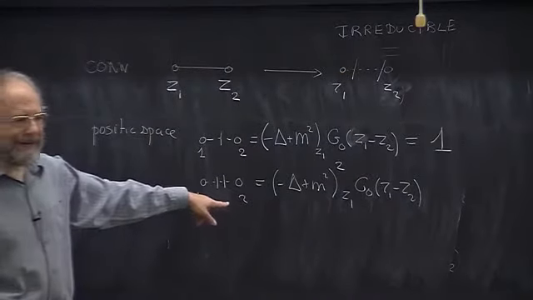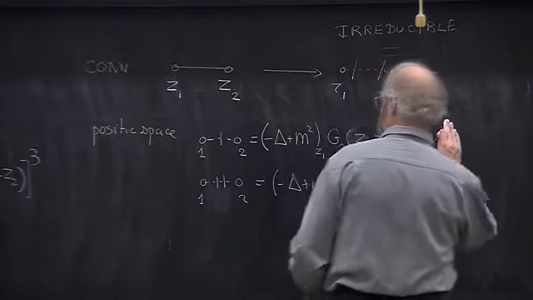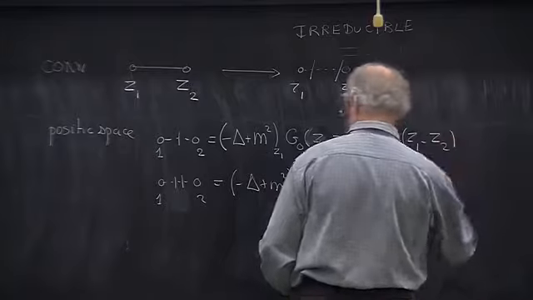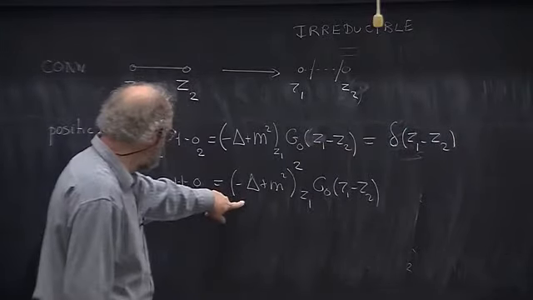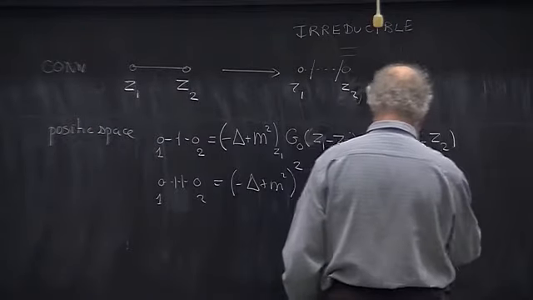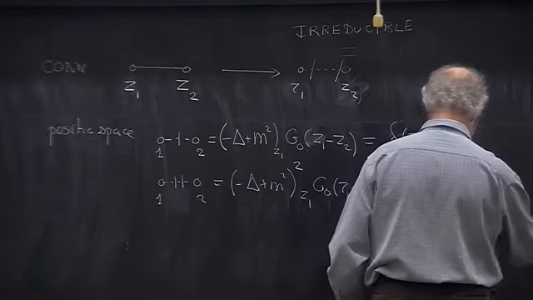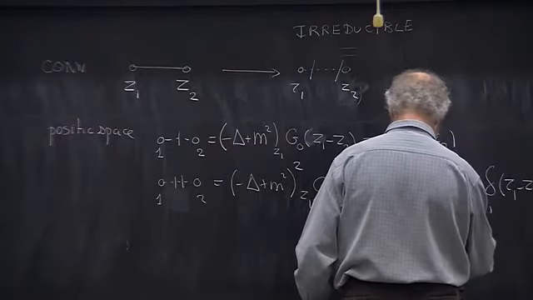And 1 is just delta, I'm sorry, 1 is delta of Z1 minus Z2. This is the operator identity. So if you want to truncate it twice, you apply it twice. So what you get is a distribution.